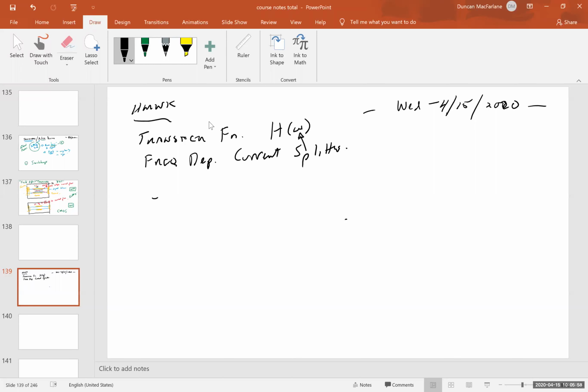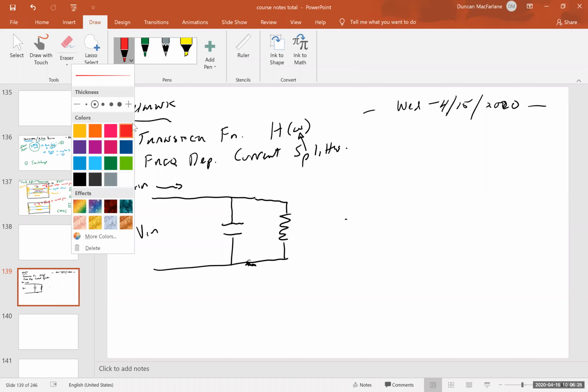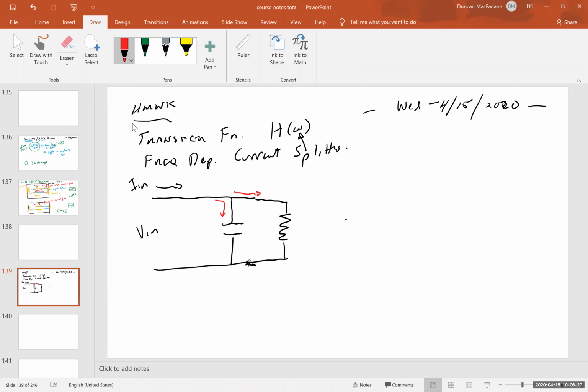And so I've got a V in, and I've got an I in, and then I still have my two circuit elements that we've been playing with, a capacitor and an inductor. And now what I'm doing is, instead of arranging these in series, I'm arranging these in parallel. And so the current splits accordingly.